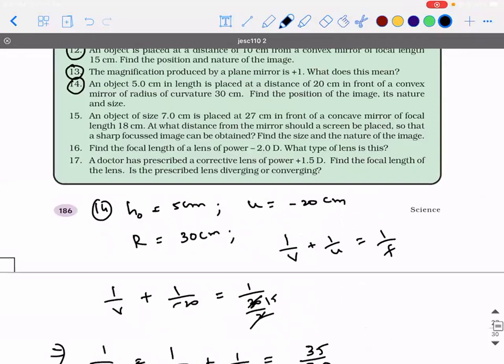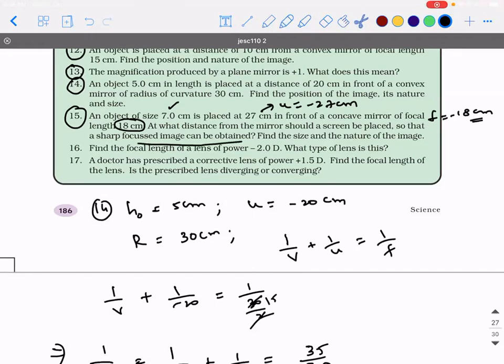Okay. The last problem for the day is the 15th one. An object of size 7 centimeter is placed at a distance of 27 centimeters. So U is equal to minus 27 centimeter in front of a concave mirror of focal length 18. So concave mirror focal length is negative. At what distance from the mirror should a screen be placed so that the sharp focused image can be obtained?